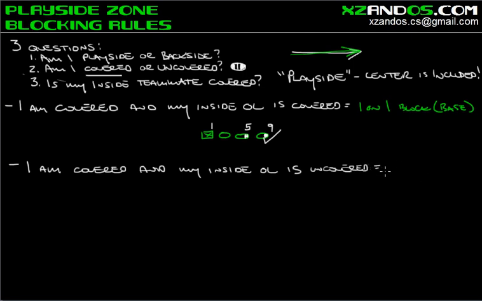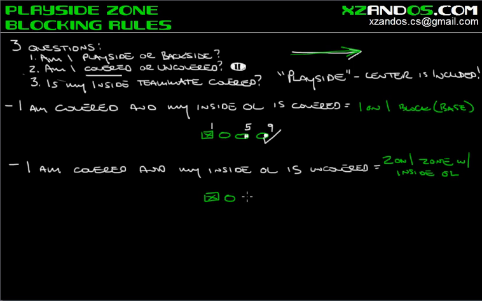This rule tells the player who makes this statement that he is on a 2-on-1 zone block with the inside offensive lineman, his offensive teammate. Let's diagram this.